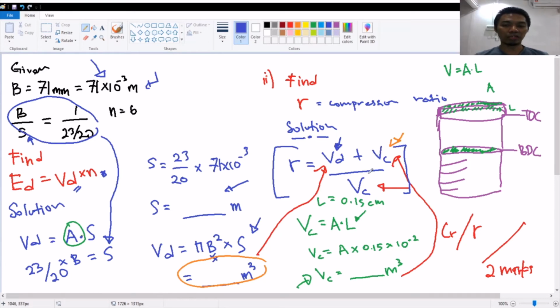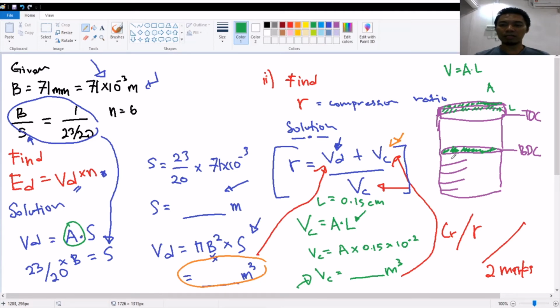because there is extra information given to you, where L, or clearance length, equals 0.15 centimeter. This is what I sketched before, but you could not see it because I forgot to change the scenes from the OBS software.